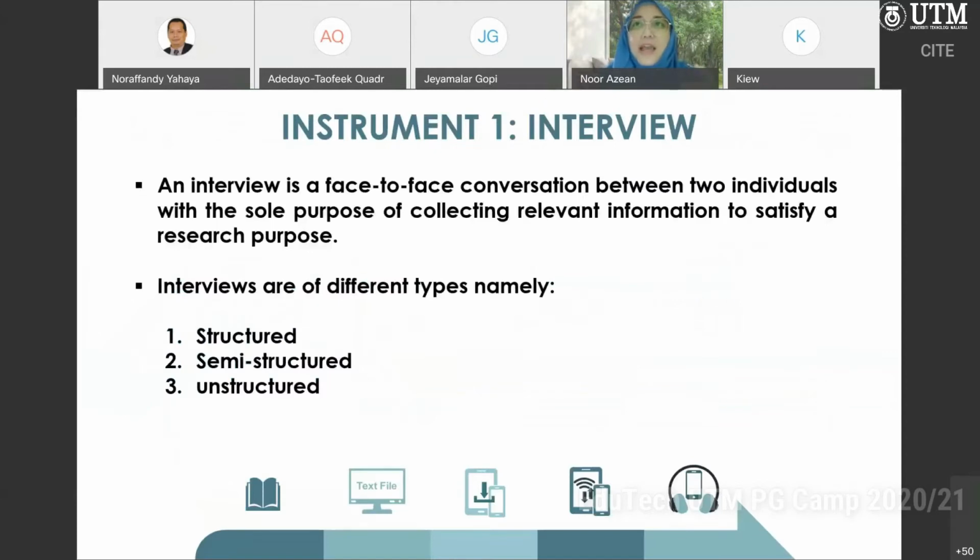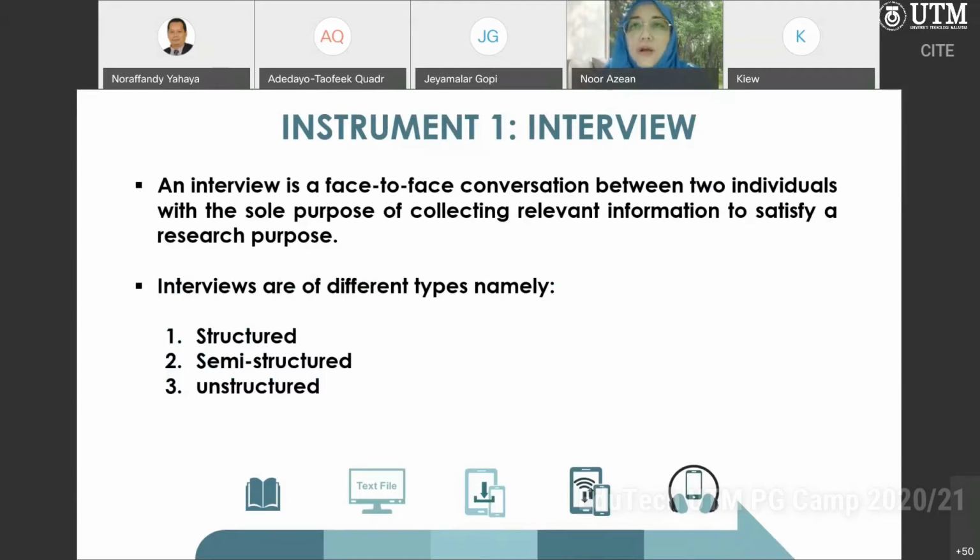First, as usual, we know we have the instrument of interview, right? So we conduct the interview. The first one, interview, is a face-to-face conversation between two individuals with the sole purpose of collecting relevant information to test a research purpose, all right?